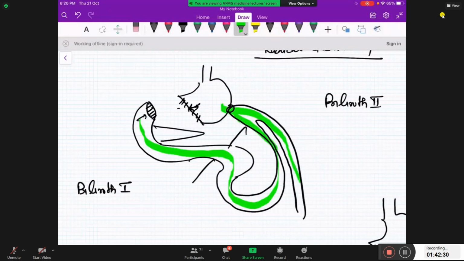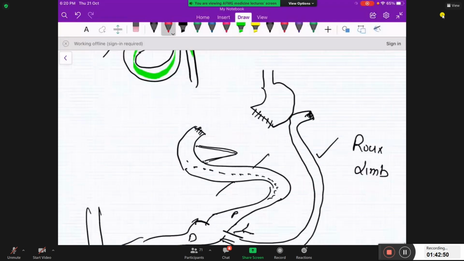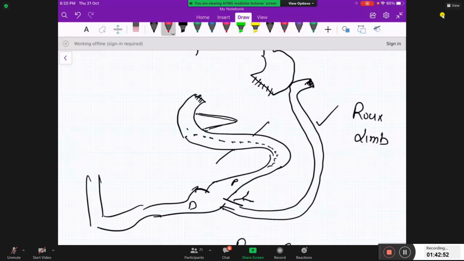So because of this, biliary gastritis, which is also called alkaline gastritis, sets in the stomach, and initially there will be metaplasia, and then subsequently dysplasia. So this can lead to carcinoma. So I don't want that to happen. So what I have done to avoid that, I have done this. So all this will go like this.